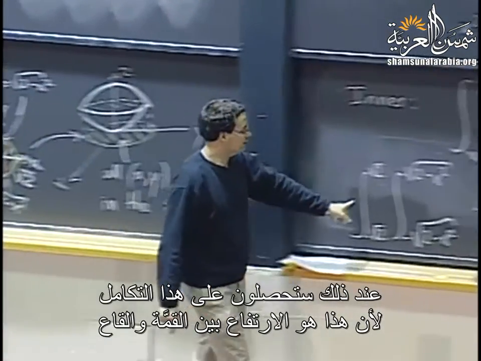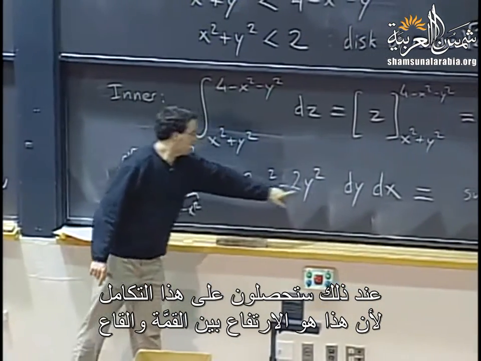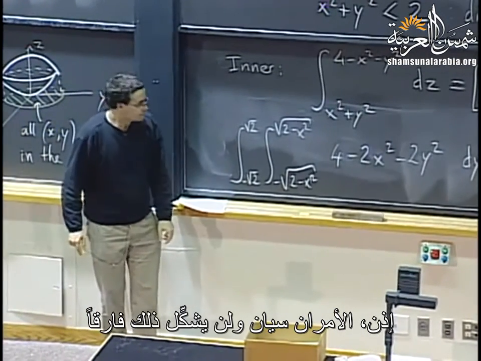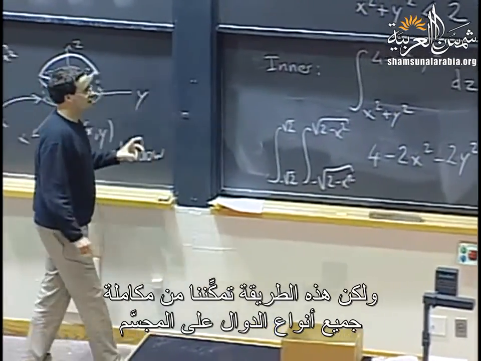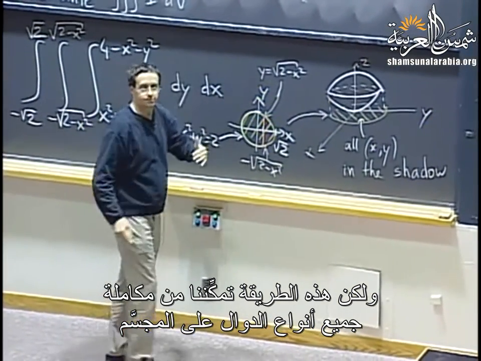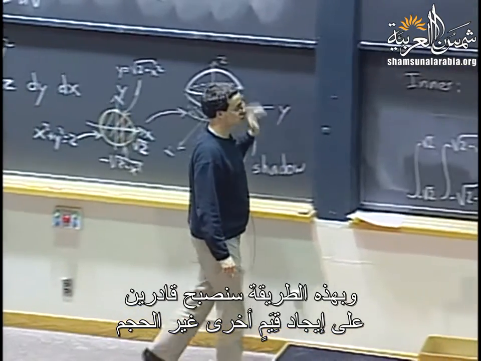Well, you would just have gotten this, right? Because this is the height between top and bottom. So it's all the same. It doesn't really matter. But with this, of course, we'll be able to integrate all sorts of functions, not just one, over the solid. So we'll be able to do much more than just volumes.